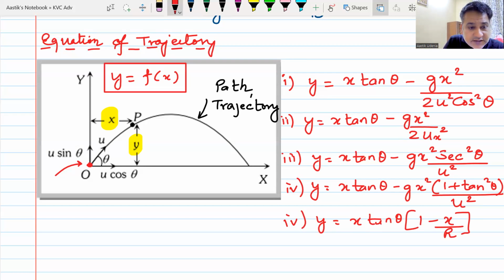Have we seen this formula? Yes or no? Anyone understand this? Yes, sir. I'll give you 2 minutes to note it down and then I'll present some questions for you.